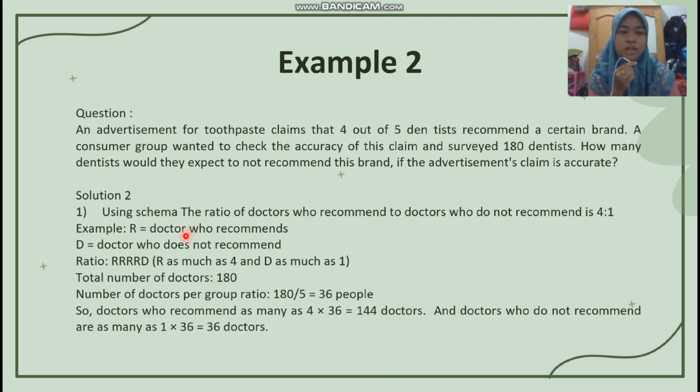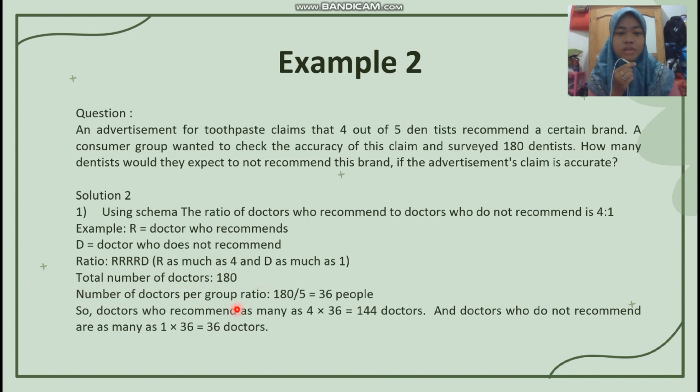In the solution, first, using a scheme, the ratio of doctors who recommend to doctors who do not recommend is 4 to 1. Example, R equals doctors who recommend, and D equals doctors who do not recommend. The ratio R to D is 4 to 1, and the total number of doctors is 180.